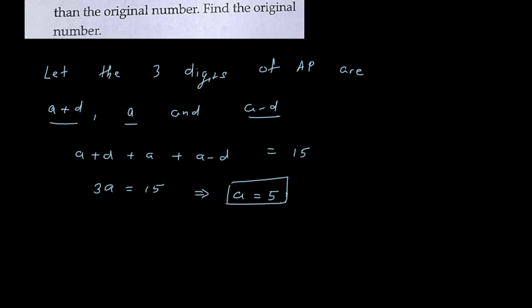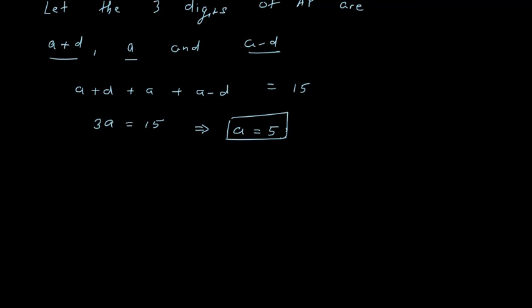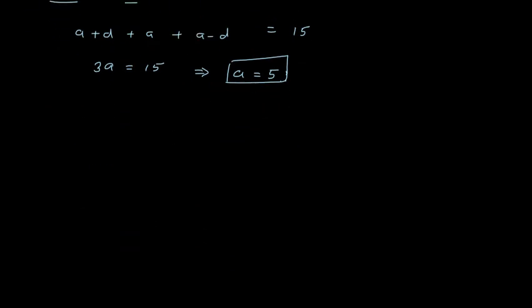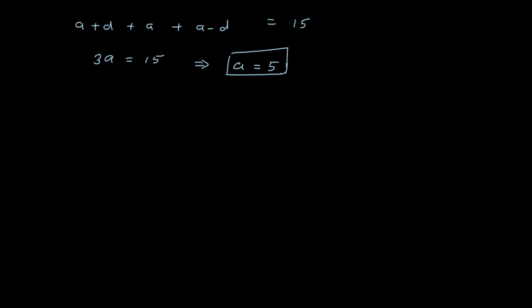The number obtained by reversing the digits is 396 less than the original number. Now, the given number: at the hundreds position we have A plus D, that is 5 plus D, multiplied by 100. At the tens position we have A, so 5 into 10, and at the unit position we have A minus D, that is 5 minus D, into 1.